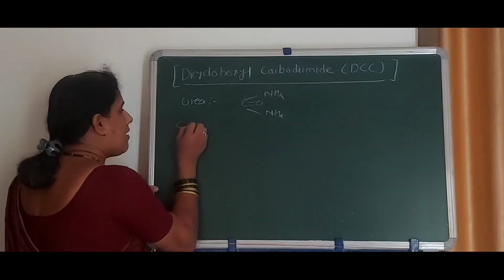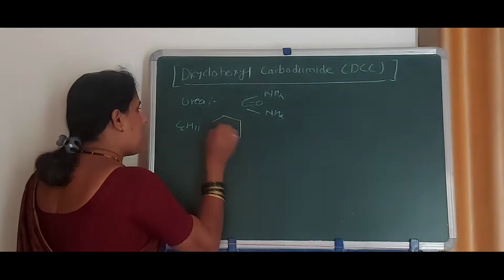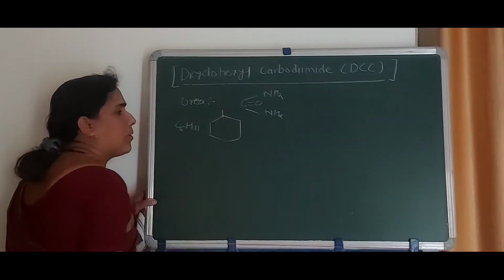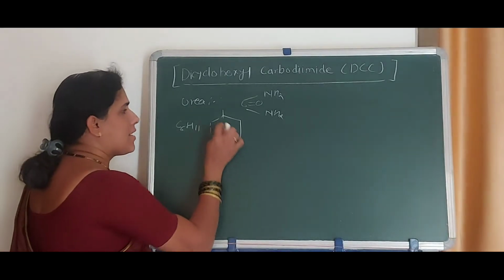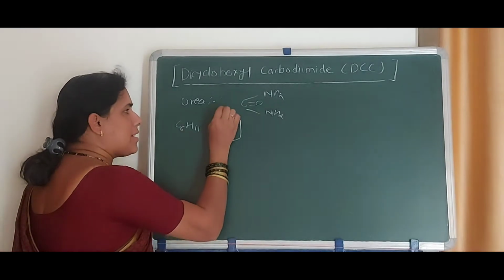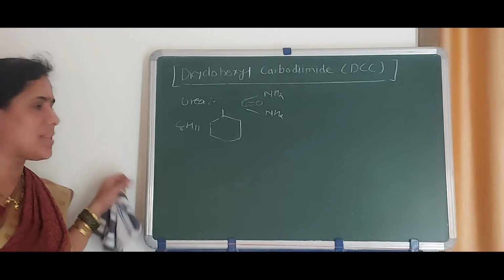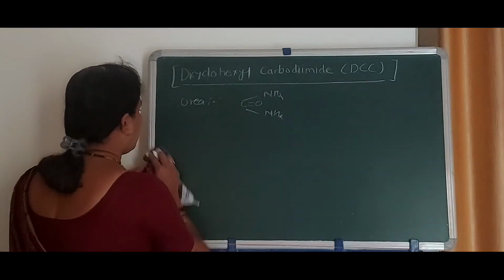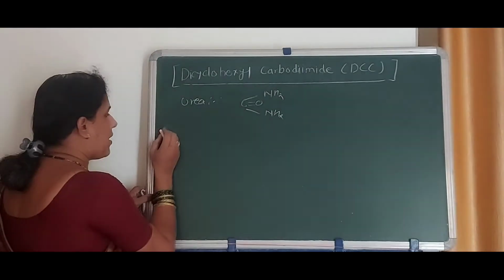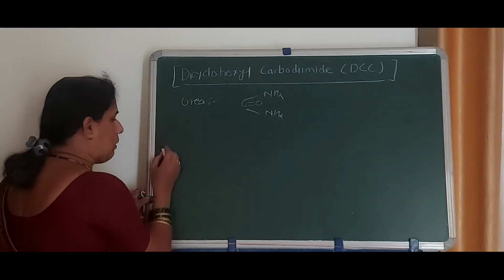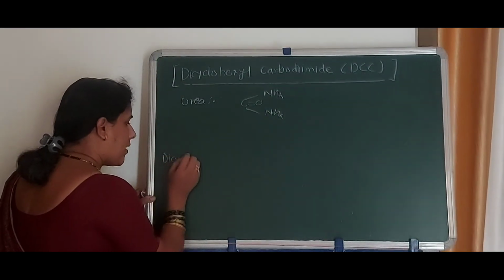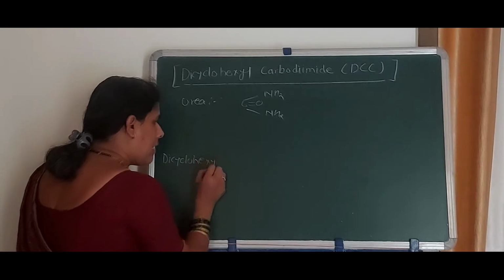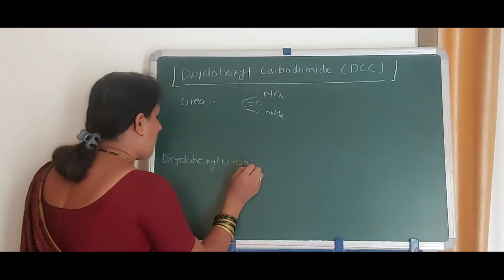That is C6H11. C6H11 means C6 and H 12, with one substituted, giving C6H11. Now we get the preparation from this urea derivative. I am writing here dicyclohexyl urea.